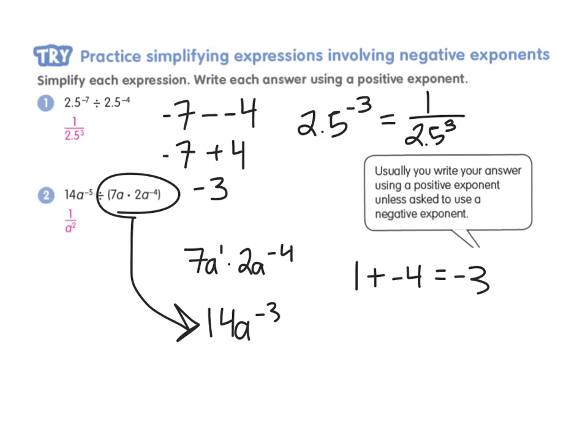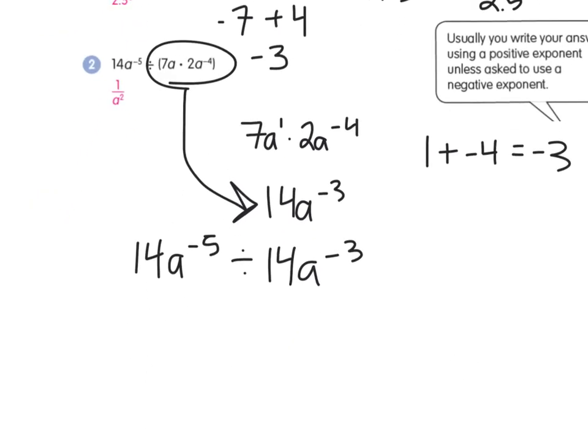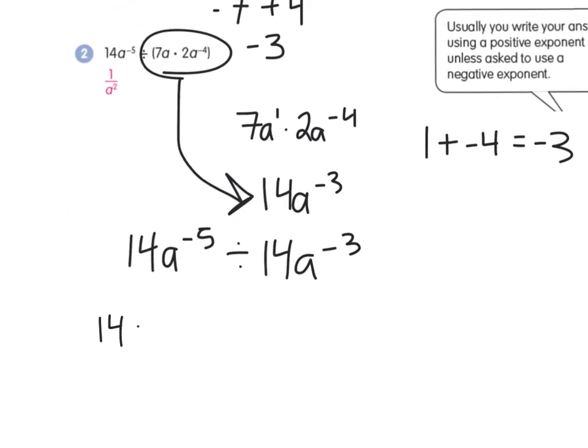Now we still have to do the first part of the problem. 14 times a to the power of negative 5 divided by 14 a to the power of negative 3. Remember how Ms. Mercer likes to rewrite these problems? I'm going to rewrite it using a fraction symbol instead. Now this helps me to clearly see that these 14s are going to end up canceling here. And I have a to the power of negative 5 over a to the power of negative 3.